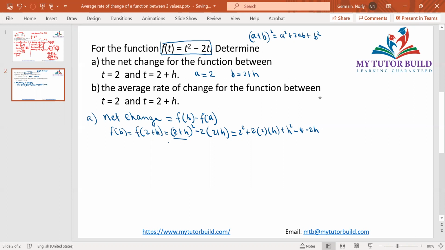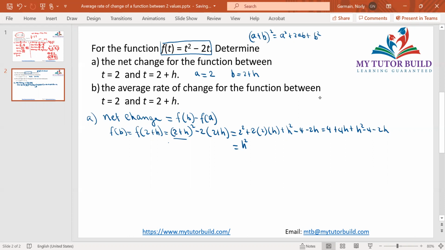Now, with this one as it is, it's going to give us 4 plus 4h plus h squared minus 4 minus 2h. Okay, now by distributing, we have h squared left, and we have 4 plus 4h, minus 4 minus 2h.